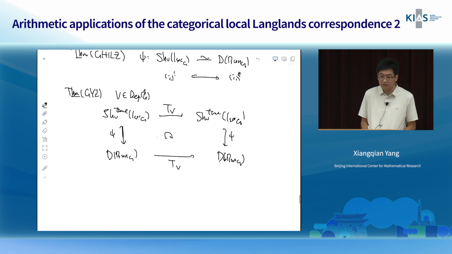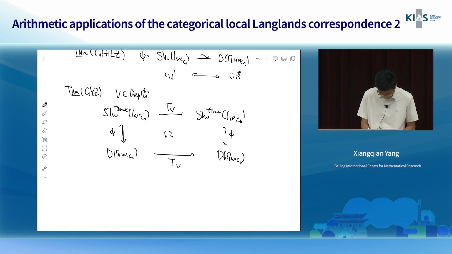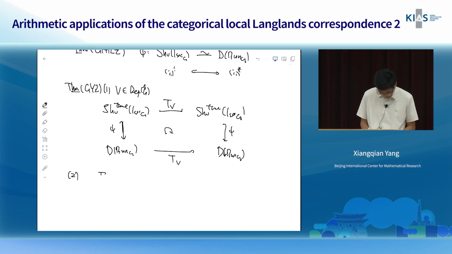The second part is that we have this algebraic Igusa sheaf, and we can apply psi to it. Then this will be isomorphic to the analytic Igusa sheaf. Okay.